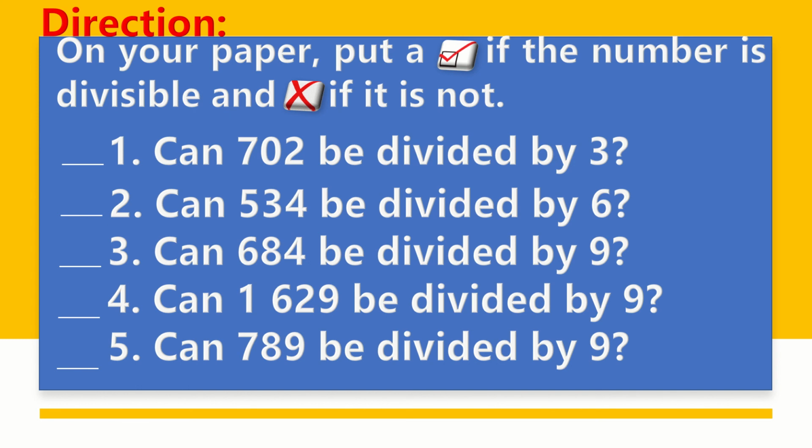For number 3, can 684 be divided by 9? And for number 4, can 1629 be divided by 9? And for number 5, can 789 be divided by 9? For that, you will answer within 5 minutes in your paper. And the time starts now.